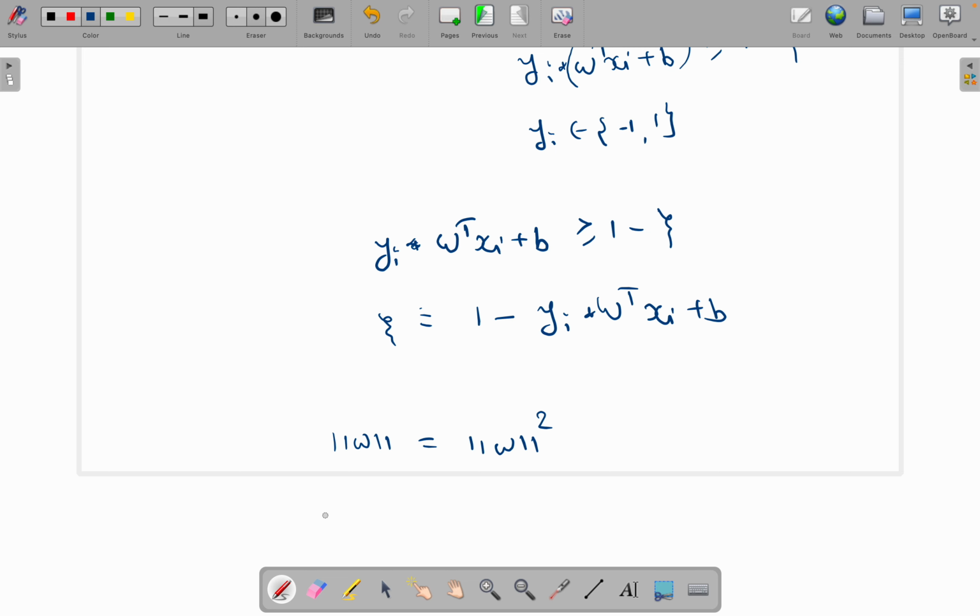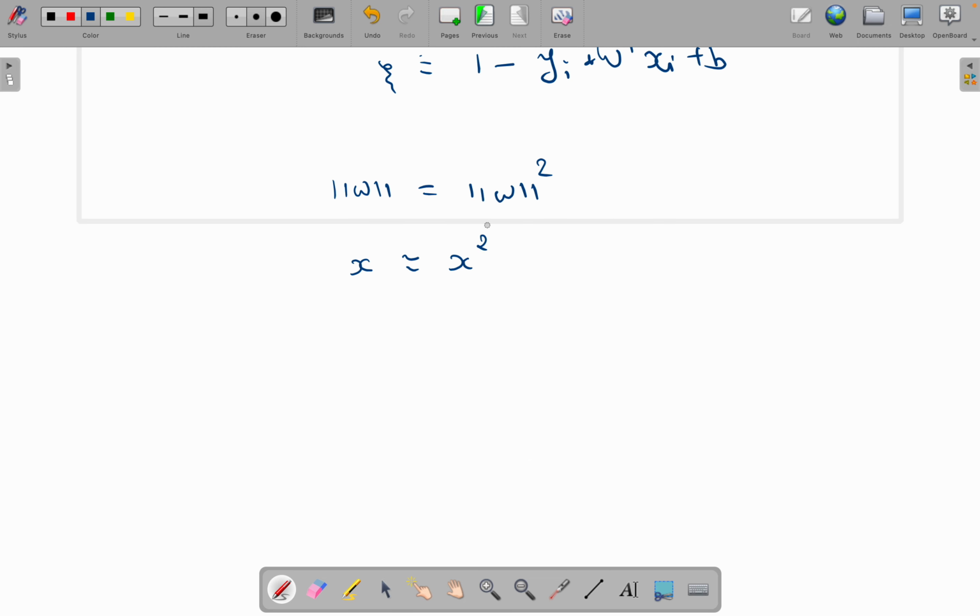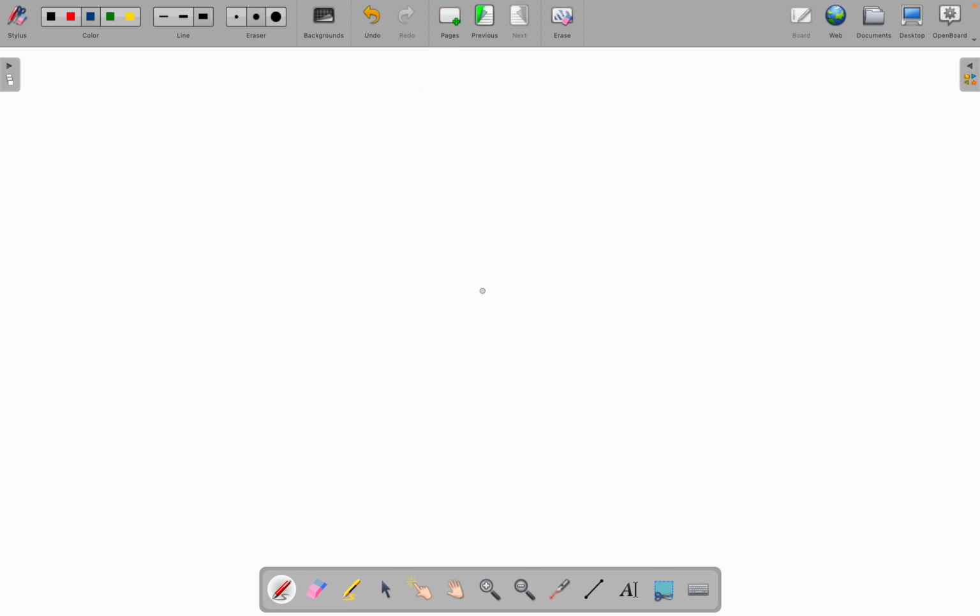If you are minimizing x, it is equivalent to minimizing x squared as well, because x squared is an increasing function. So we can write this power of 2, and it will not change our optimization problem itself.